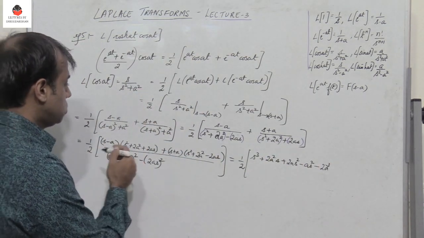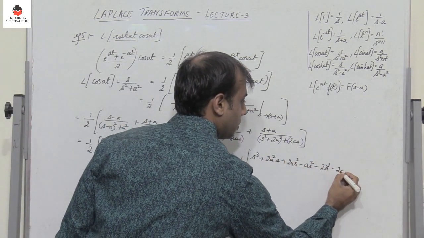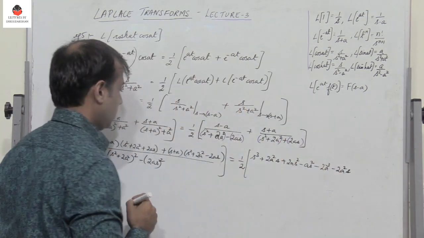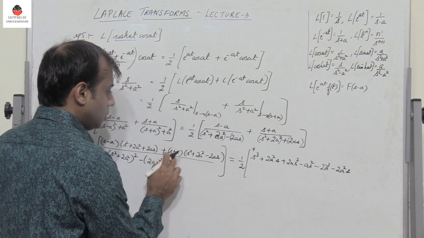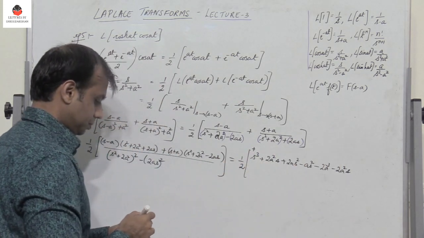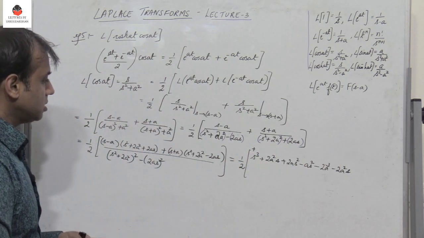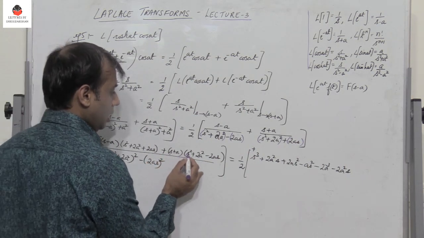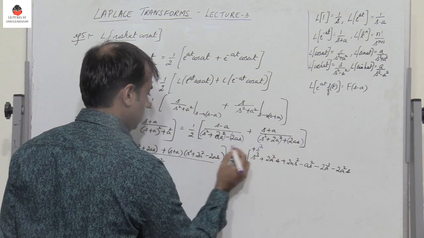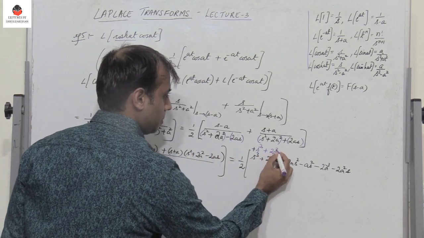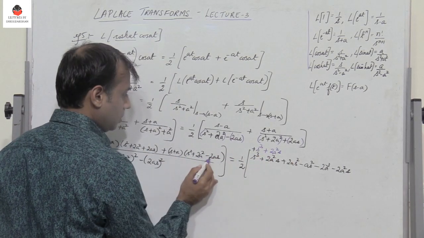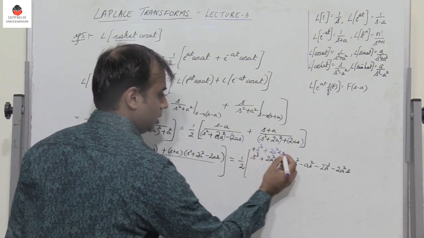And then minus 2a square s. So these terms I'll write on top. So you have s into s square, which is s cube, plus 2a square s, and then minus 2a square.